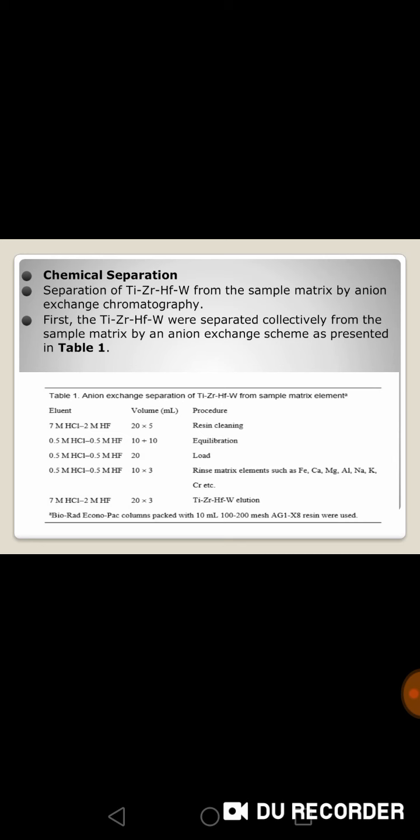At first the whole mixture was separated collectively from the sample matrix by an ion exchange scheme as presented in Table 1. So here is Table 1, and we are going to discuss it in the next slide.